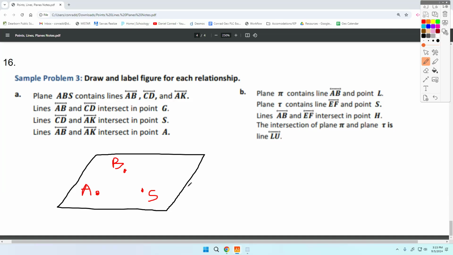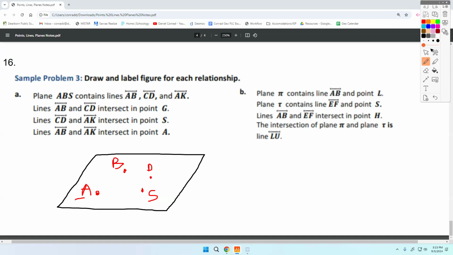what we have. Okay, we have lines AB, CD, and AK. And then it says line AB and CD intersect at point G. So I need a D in here. So I'm going to label D right here. Okay, so I'm going to draw in line AB and CD.